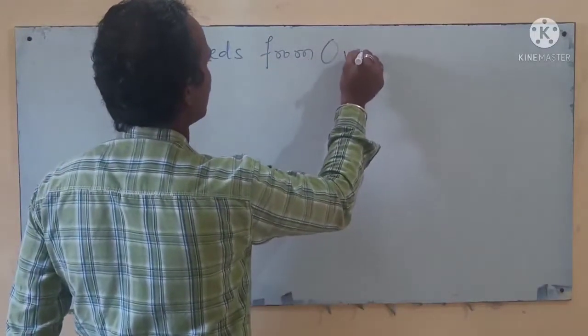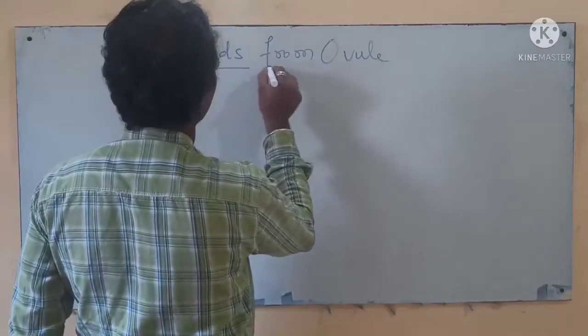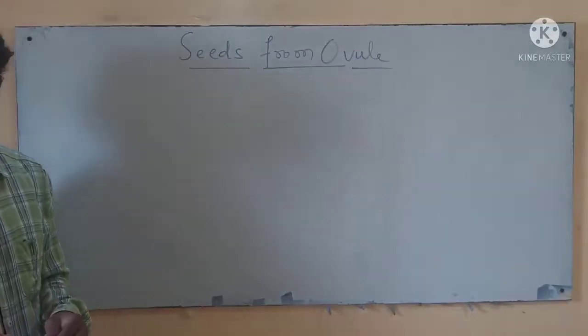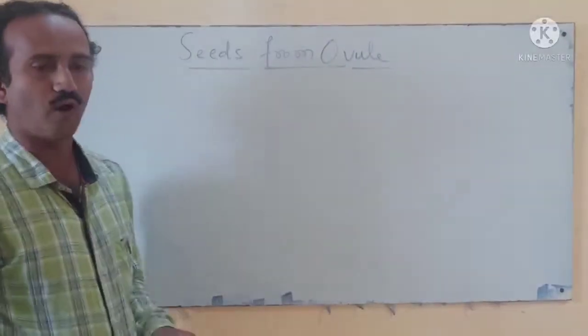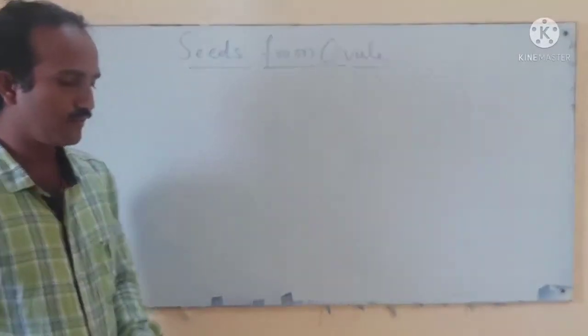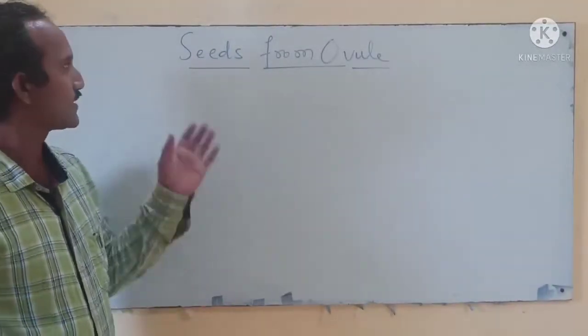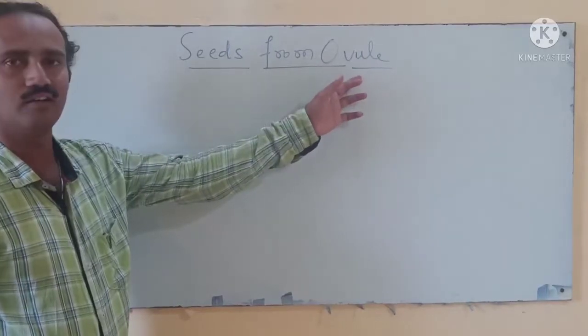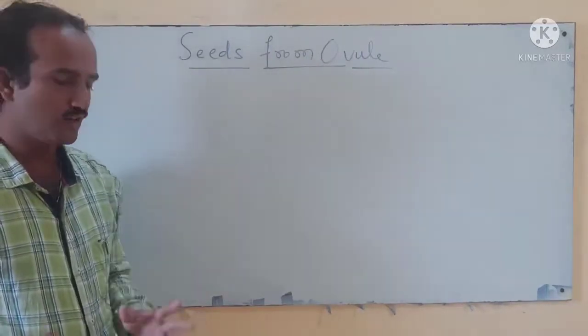Seeds from ovule. A seed is the fertilized ovule formed inside the fruit. So seeds are the fertilized ovules formed inside the fruits.